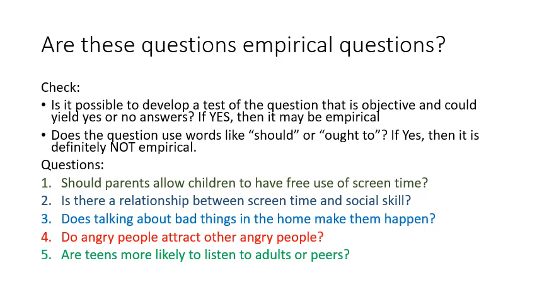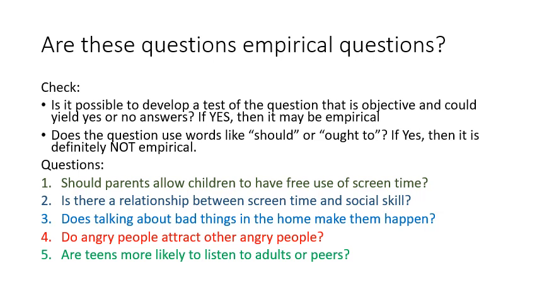Third question, does talking about bad things in the home cause them to happen, make them happen? I think that this would not be a scientific question, at least not the way it is right here, because there's not a way to answer no to this question with evidence.